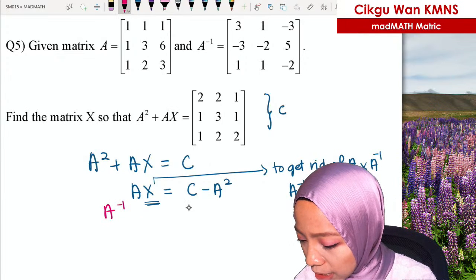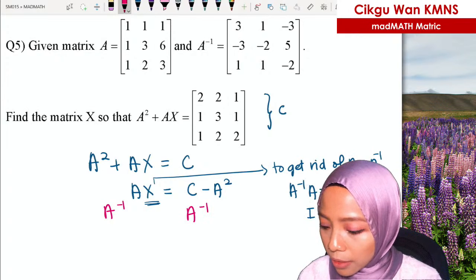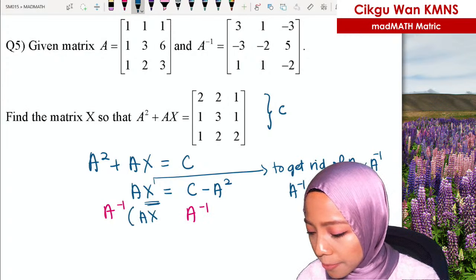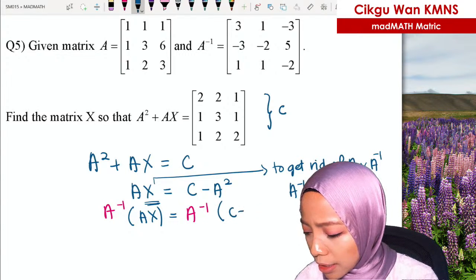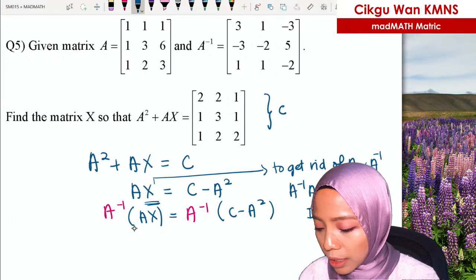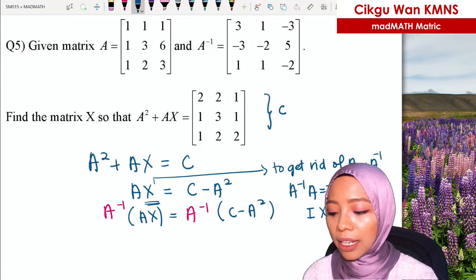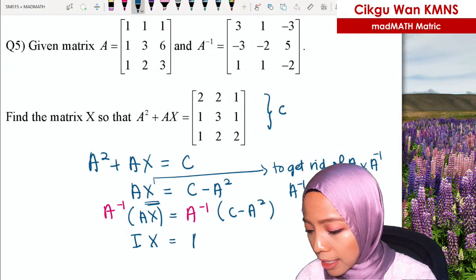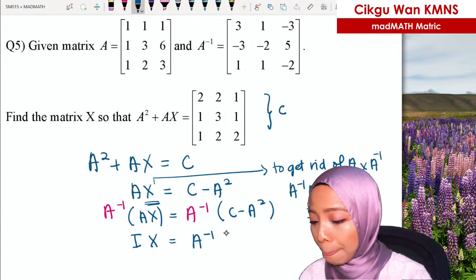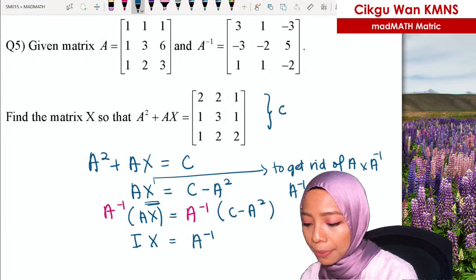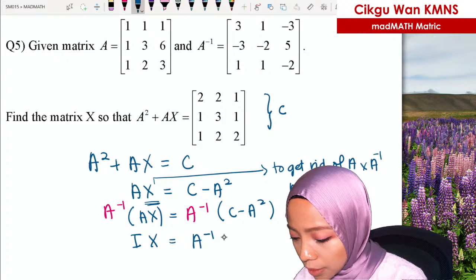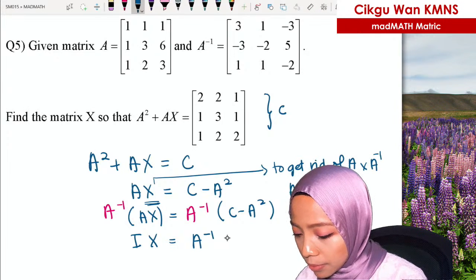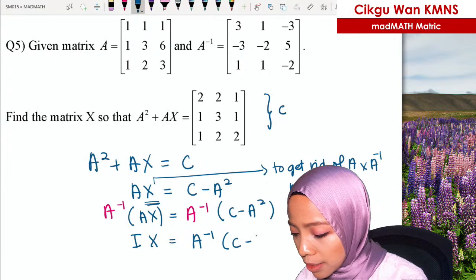Okay. So now I am ready to multiply with A inverse. Okay, A inverse here, A inverse here. Okay, AX, C minus A square. Okay, this one again, A inverse multiply with A is identity X. A inverse, C minus A square.